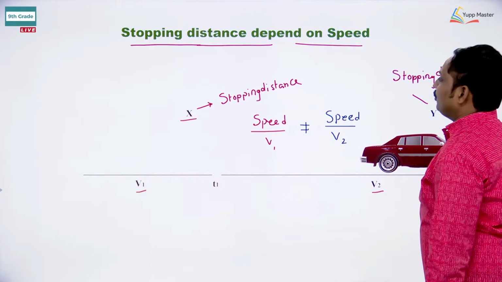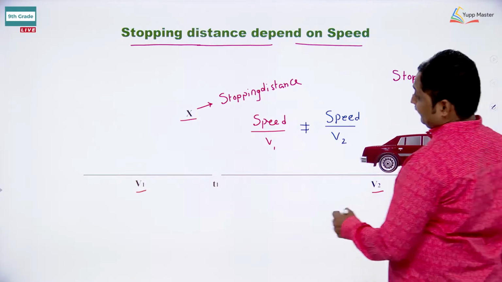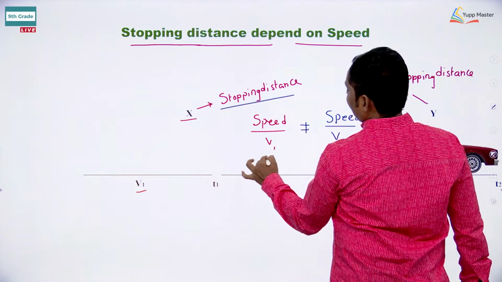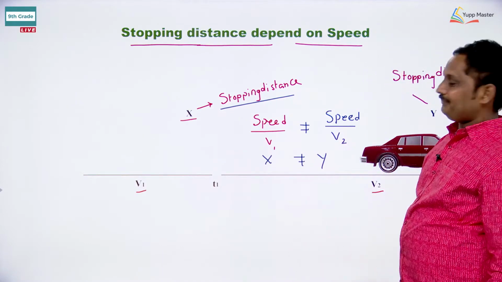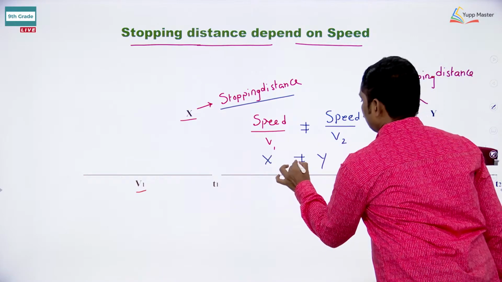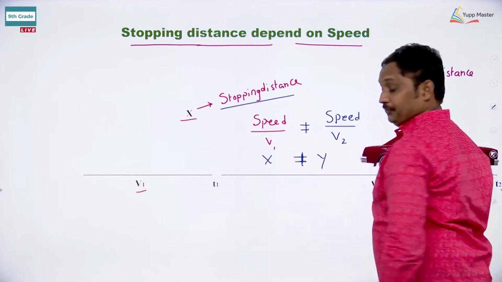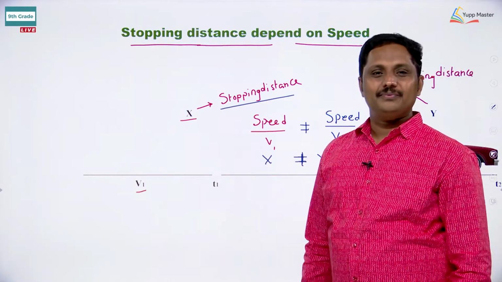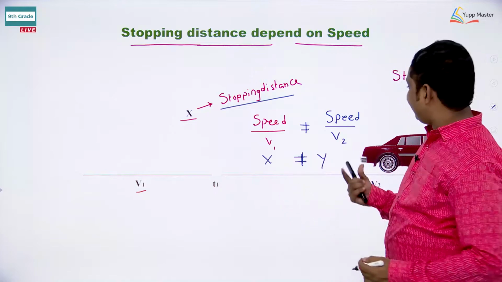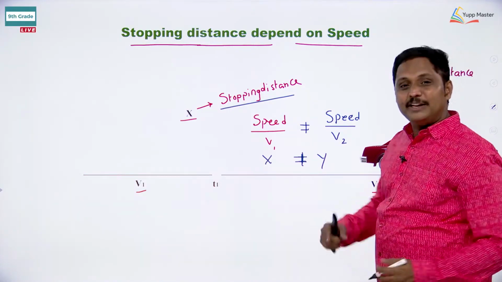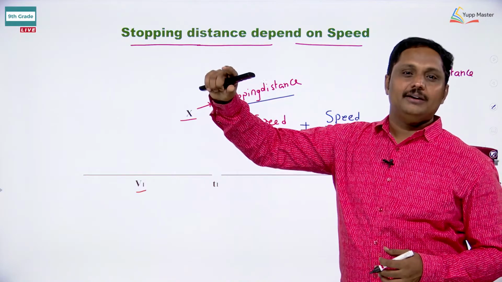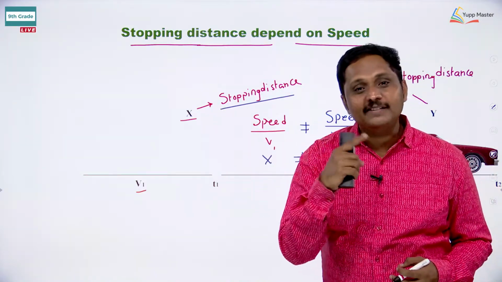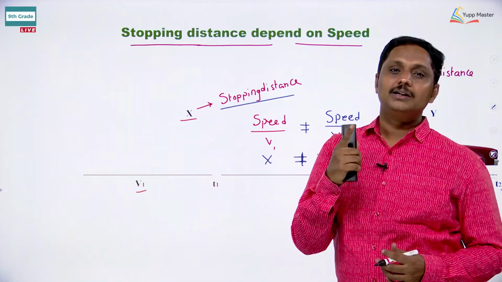What I am supposed to say is that here the stopping distance x is not equal to y, no doubt at all. You need to solve different model problems in the calculation of stopping distance. If it has stopped at a distance of y meters, then you need to calculate the speed of the car.